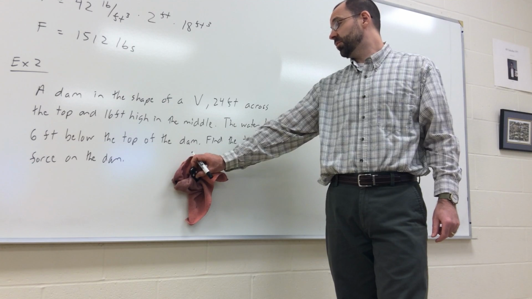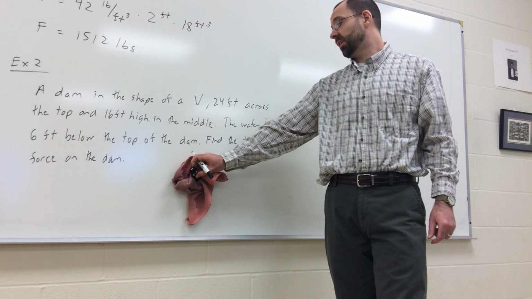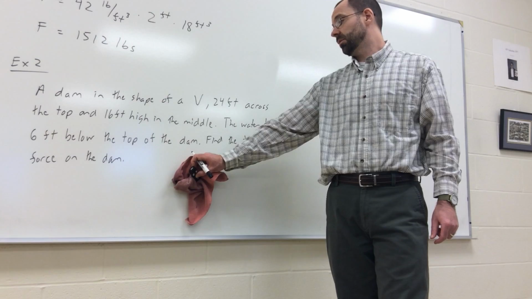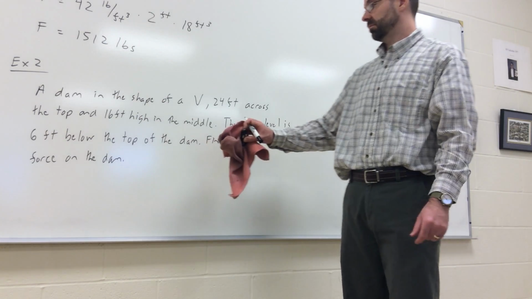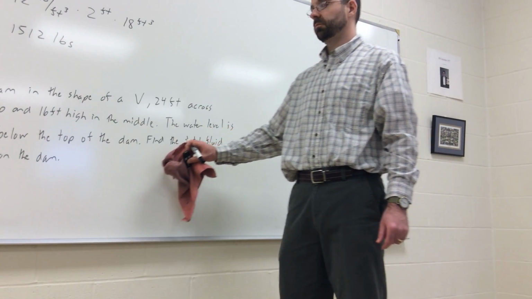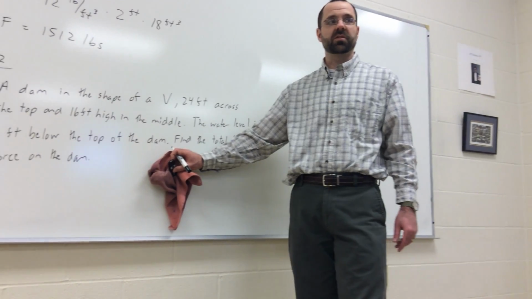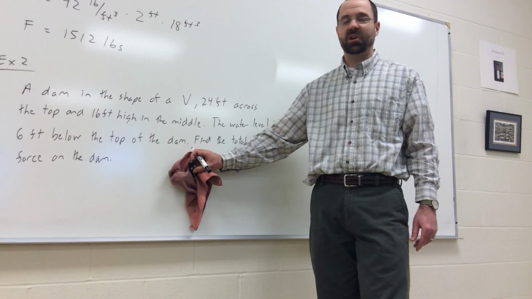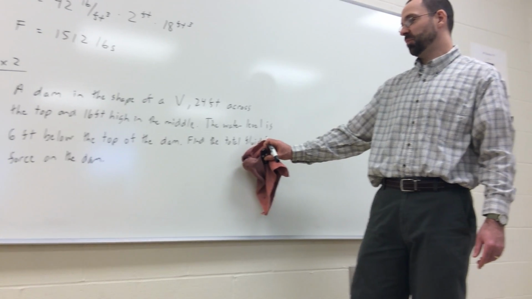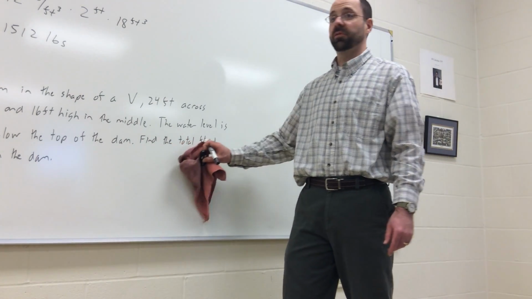Dam in the shape of a V, 24 feet across the top and 16 feet high in the middle. My English is not good in this sentence. Are you understanding what I'm trying to say? All right, cool. And the water level is 6 feet below the top of the dam, and we're going to find the total fluid force.